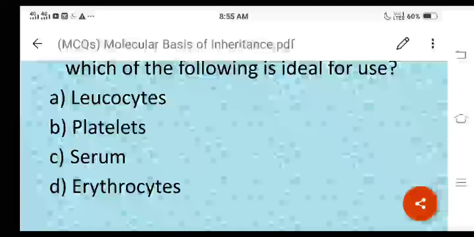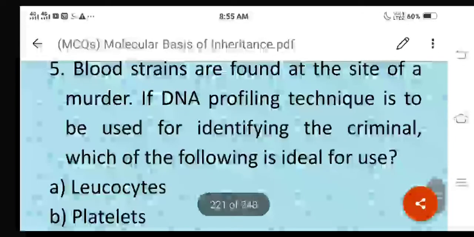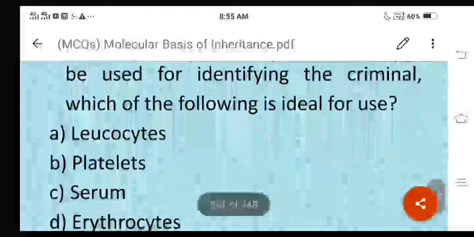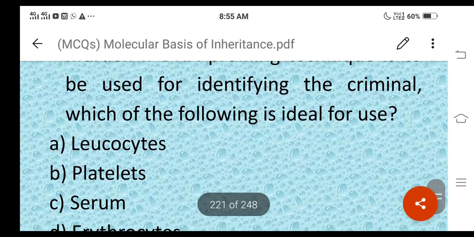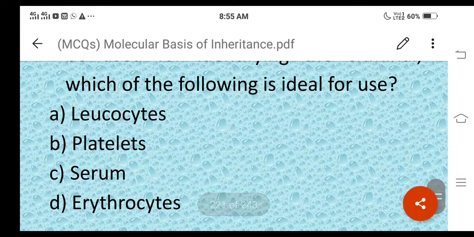According to the question, blood stains are found at the site of a murder. If the DNA fingerprinting or profiling technique is to be used for identifying the criminal, which of the following is ideal for use? It means which sample we can collect here: leukocytes, platelets, serum, or erythrocytes. The correct answer for question number 5 is option A, because leukocytes are nucleated cells.